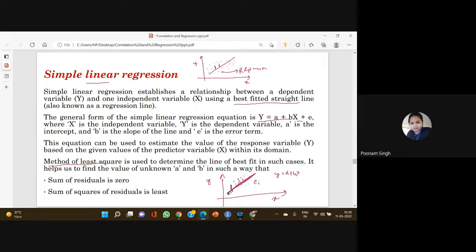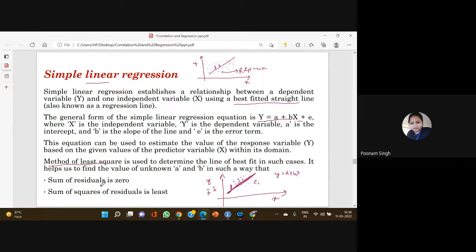So linear regression chooses the estimated values for intercept a cap and slope b cap such that the sum of squared vertical distances between the observations and the regression line is minimized.